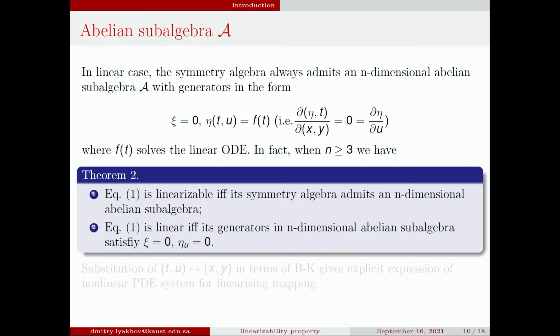And equation 1 is linear if and only if the generators in the n-dimensional abelian subalgebra satisfy the condition we mentioned above. Now, how do we get the determining PDE system for all possible point transformations?